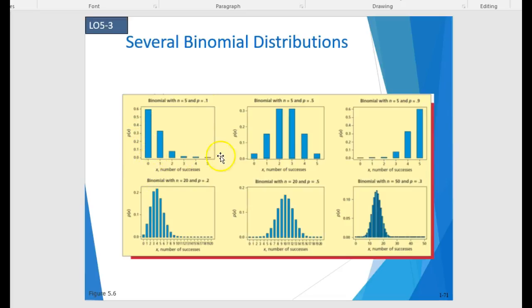But one thing that you'll notice is that as n gets large, it has a tendency to look more and more like a normal curve. And we can see that by the fifth one here, 1, 2, 3, 4, 5, this bottom middle one. So that's just something to think about. I'm not sure we're ever going to have you graph any of this stuff, but it's just a good graphic to have.